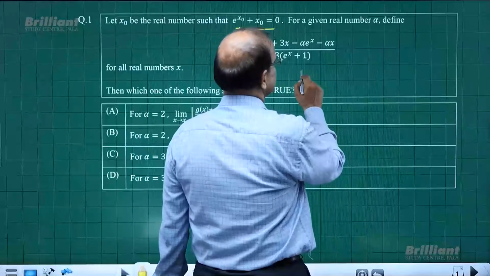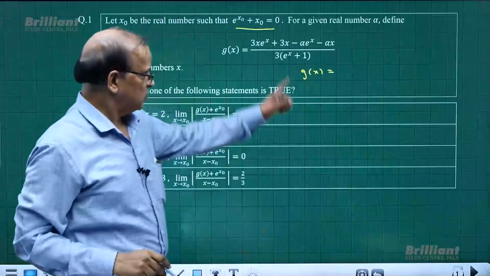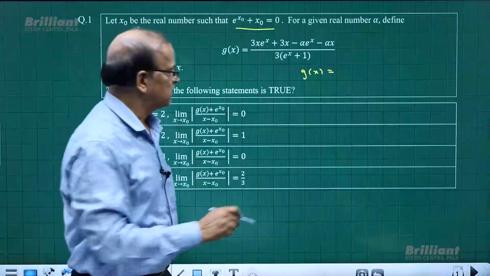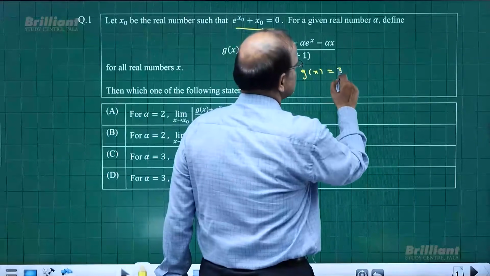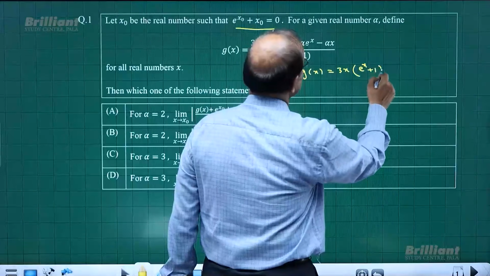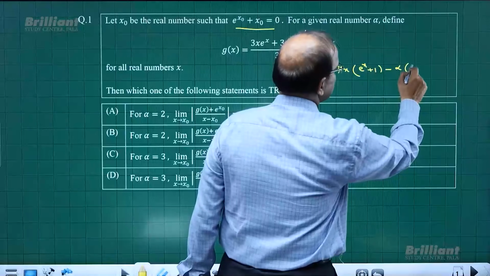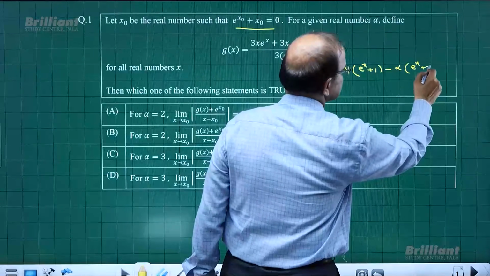So for this we can write g of x. Here you can take 3x common, e power x plus 1 minus alpha common, e power x plus x.